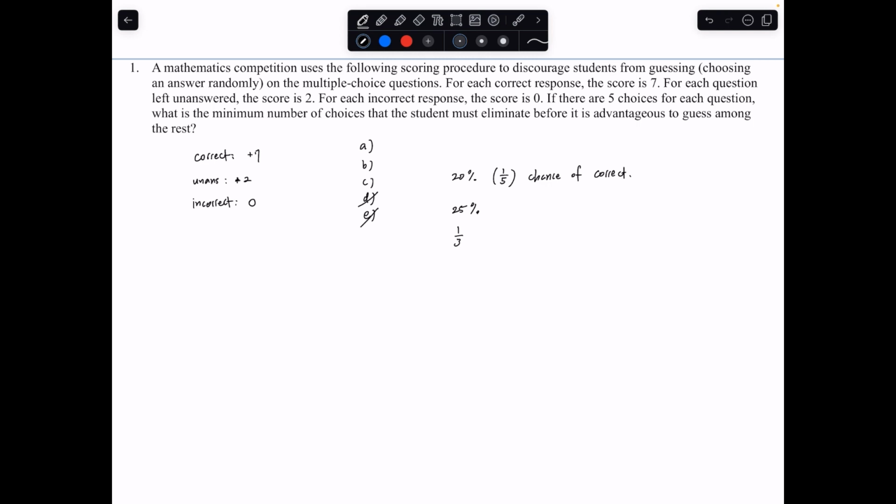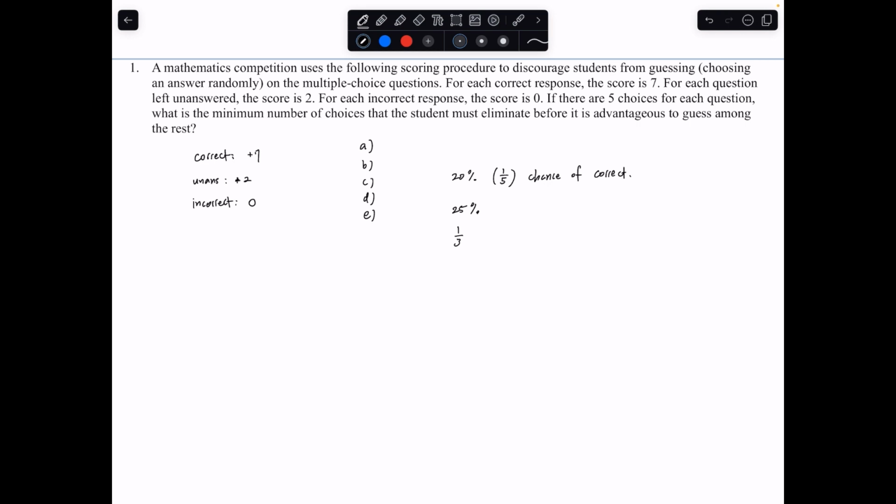So let's say we did not eliminate any of the answers. It's not sensible to just randomly guess, right? Because our chances of getting the correct answer from randomly guessing is 20%, and so in any circumstance, we're not going to guess when we can't eliminate any of the choices.